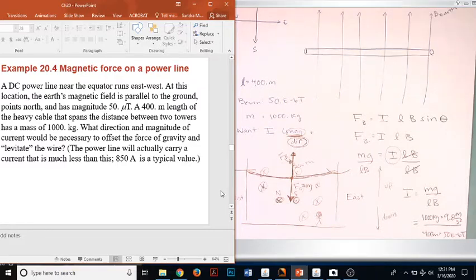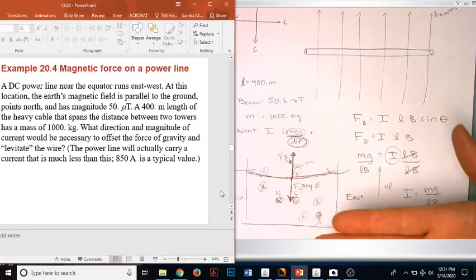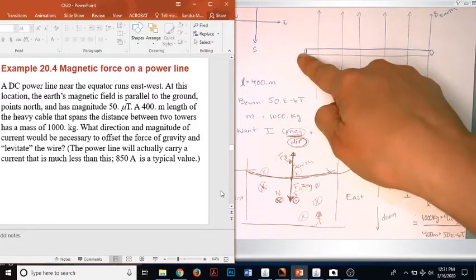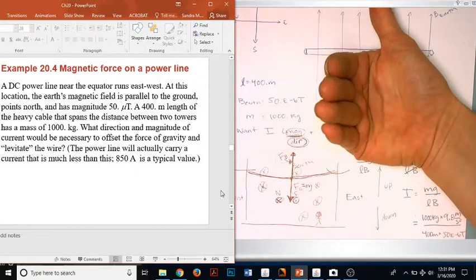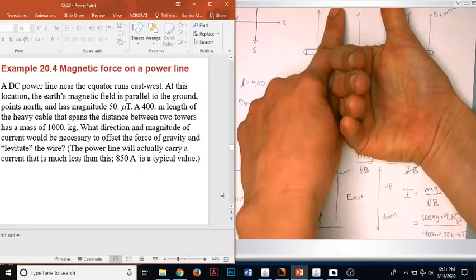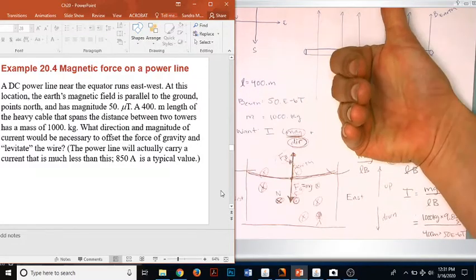So if I want to see what goes on, this is a very awkward angle for me. Let's say that the current goes to the west, so I put my palm pointing to the west, and now my fingers need to curl so that they point in the direction of the Earth's magnetic field.